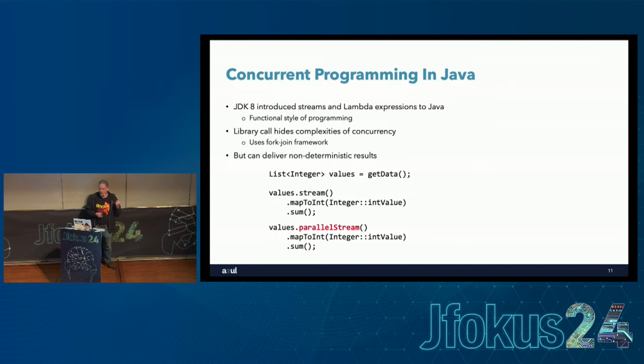But that's what they called it, with the idea that you could break up your stream of values into certain divisions, and then you could have those handled by different threads. And it builds on top of the fork join framework from JDK 7. So we're using the same framework underneath just to say, take all of these values, break them up, and then handle them in parallel or concurrently, and then join them together.